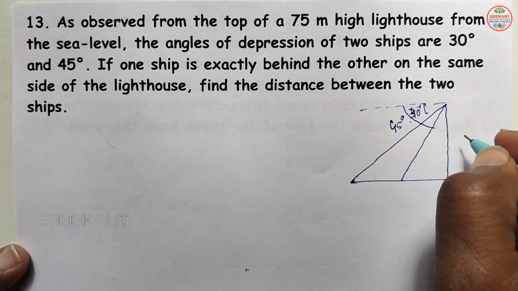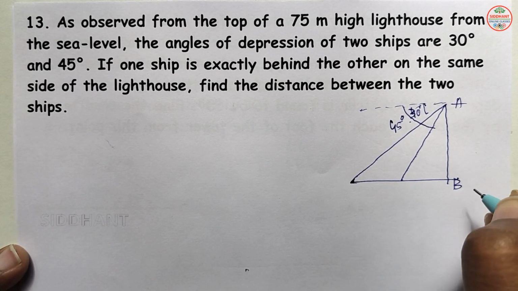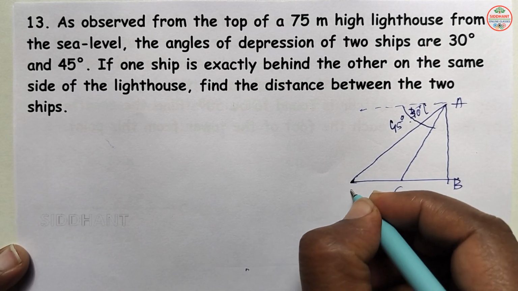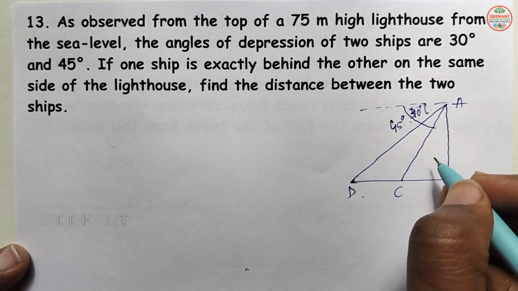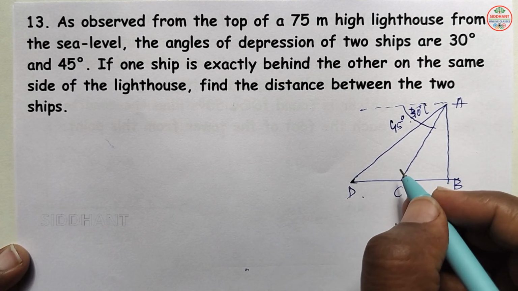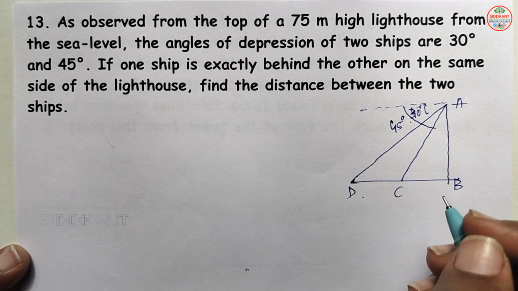So let it be A here, B here, C here, D here. So here we are going to find out the distance between two ships. That means CD we are going to find out here.